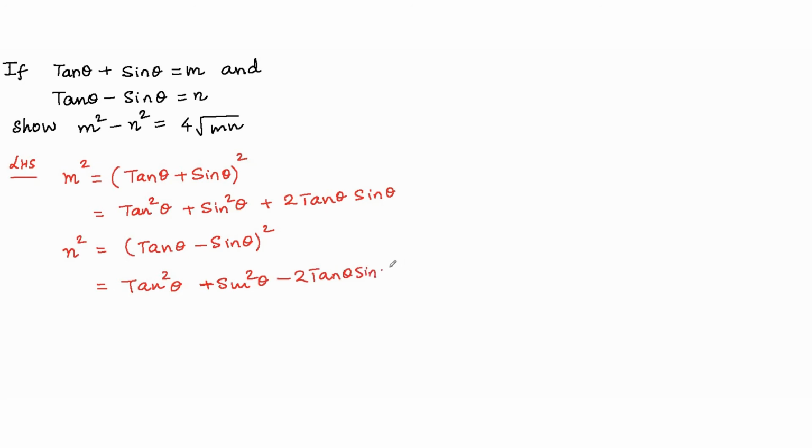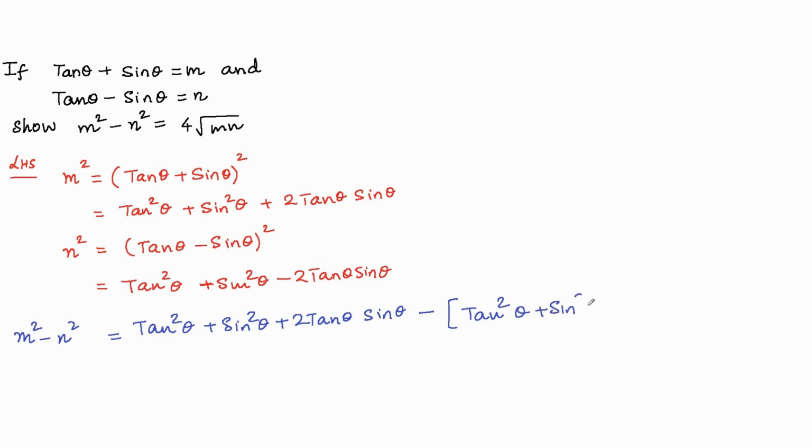So now let us find the value of m square minus n square. So m square minus n square is equal to tan square theta plus sine square theta plus 2 tan theta sine theta. This is m square. And then I have to subtract n square from it. So n square is tan square theta plus sine square theta minus 2 tan theta sine theta.